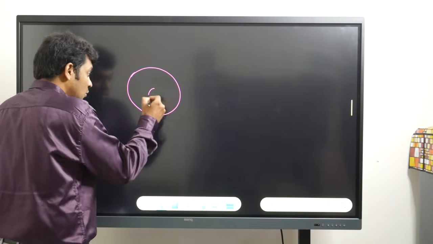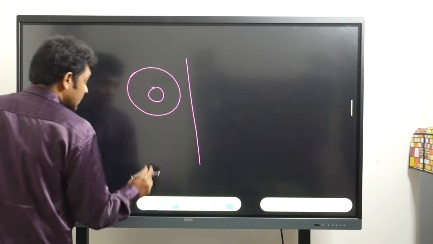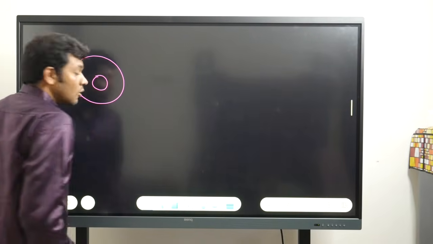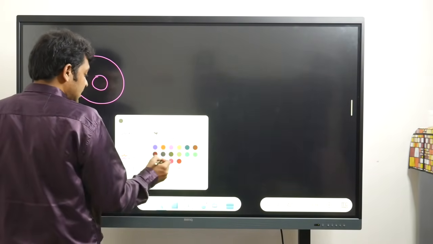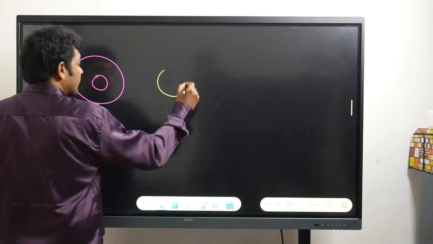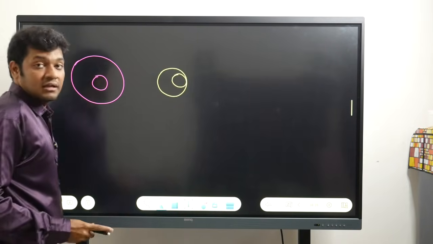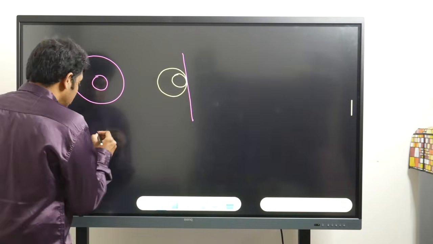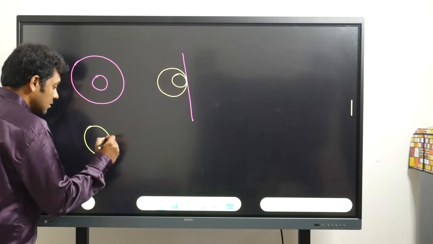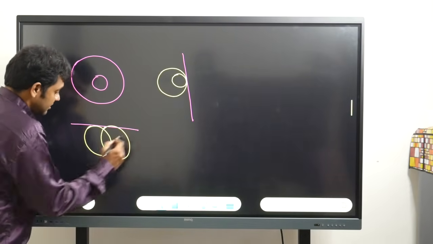If two circles are one inside the other, there is no common tangent. If two circles are one inside the other but touching, I'll have one common tangent. Two circles that are intersecting, I'll have two common tangents.